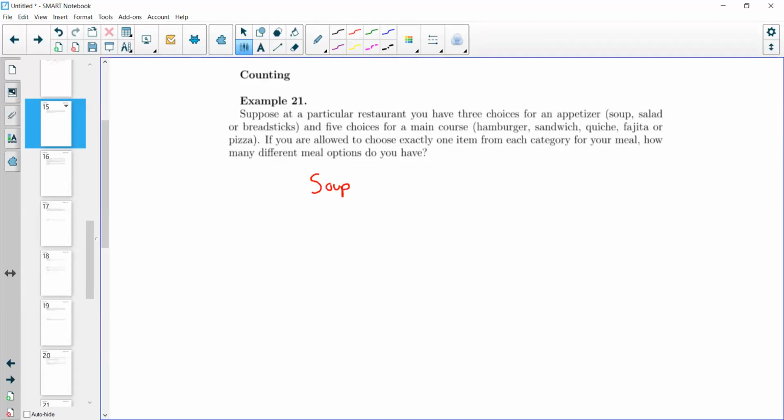Soup, salad, breadstick. Now with my soup, I can have a hamburger. I can have a sandwich. I can have a quiche, although I don't know why anybody would want one.